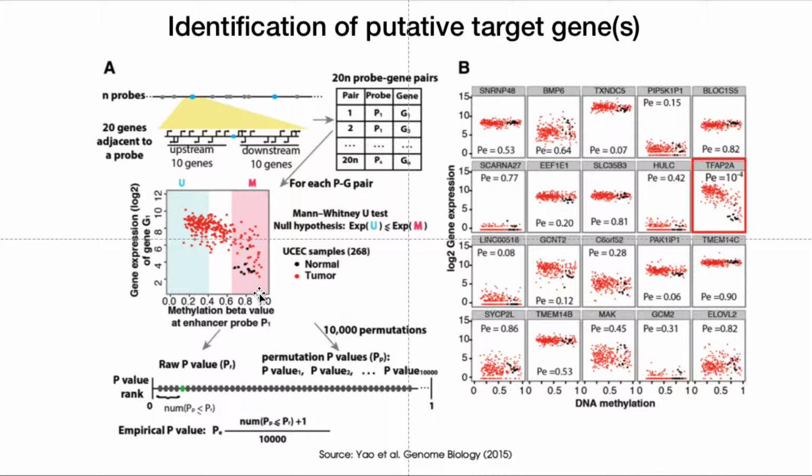If it's real, our probe and gene would be right at the beginning, very significant compared to all the other random 1,000 or 10,000 permutations.